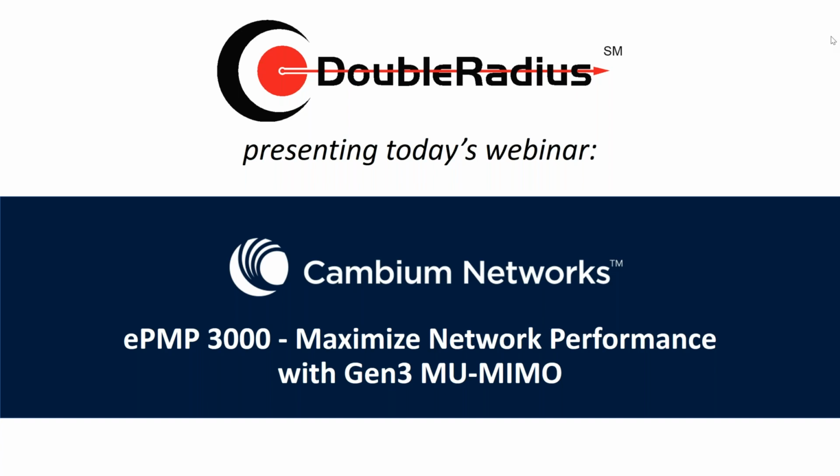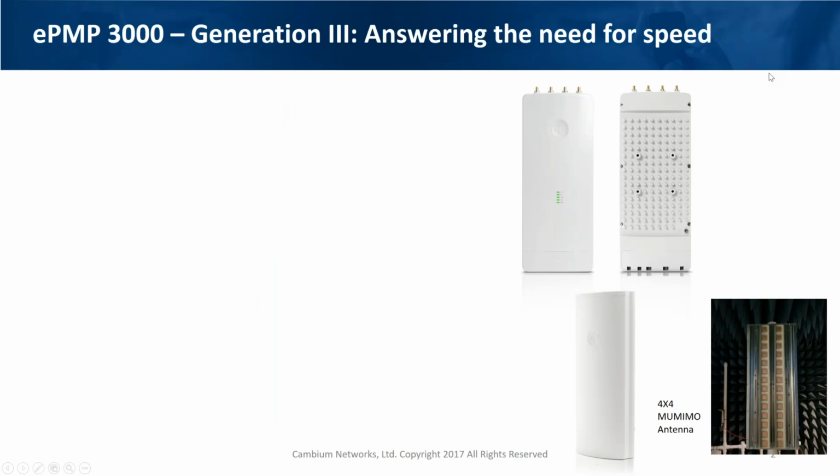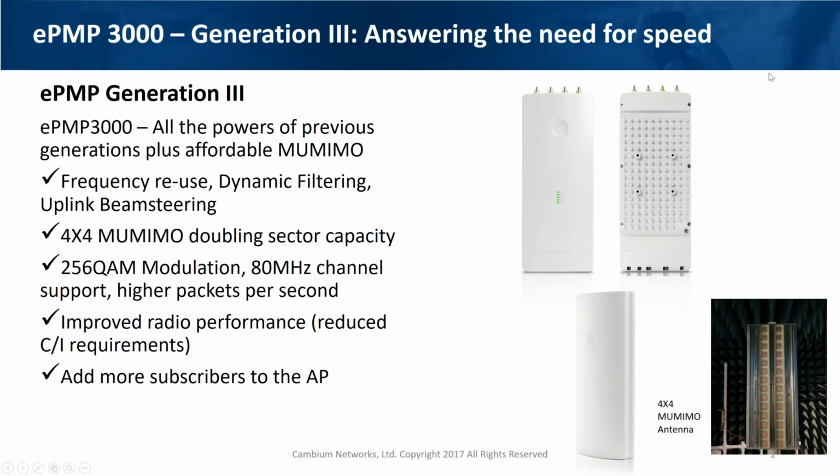With that, we'll get started, and I will flip over to the next slide and start off by talking about what this ePMP 3000 is all about. I'll give a very brief history if you're not familiar with the ePMP platform and if you're finding out about this for the first time. Fundamentally, we launched the ePMP 1000 series of products almost 5-6 years ago.